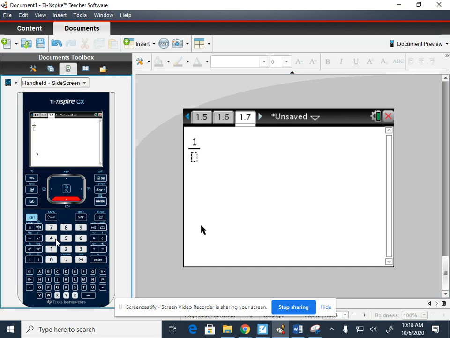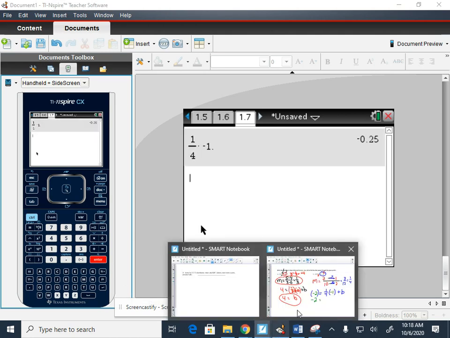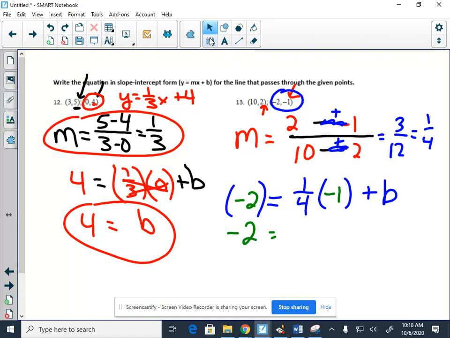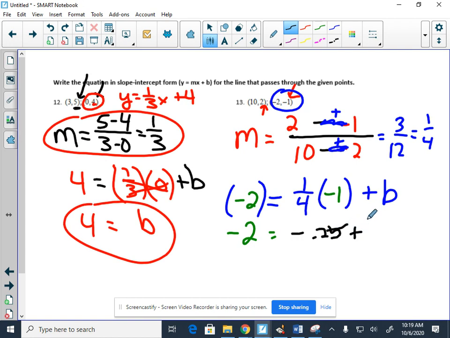1 over 4 times -1, I believe. And I'm going to put a dot on it so it makes it a decimal. So that becomes -0.25. Plus b.